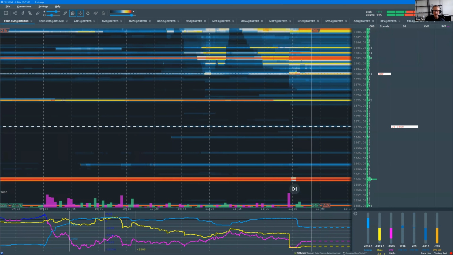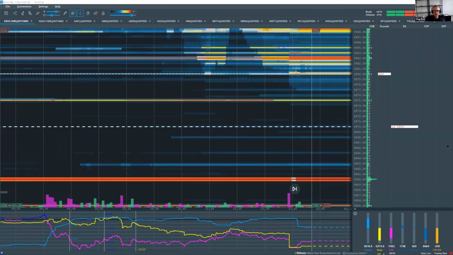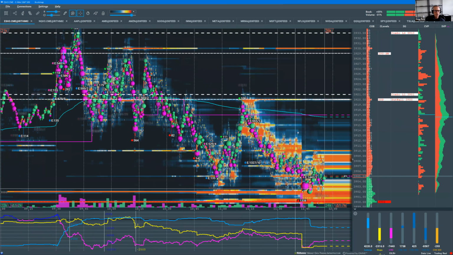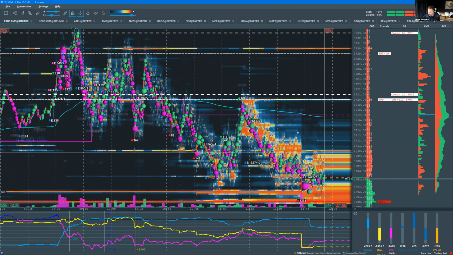And then there is the SPX 3850 right here. So it seems to be kind of a no man's land down below 3,900 with not a lot of significant support.